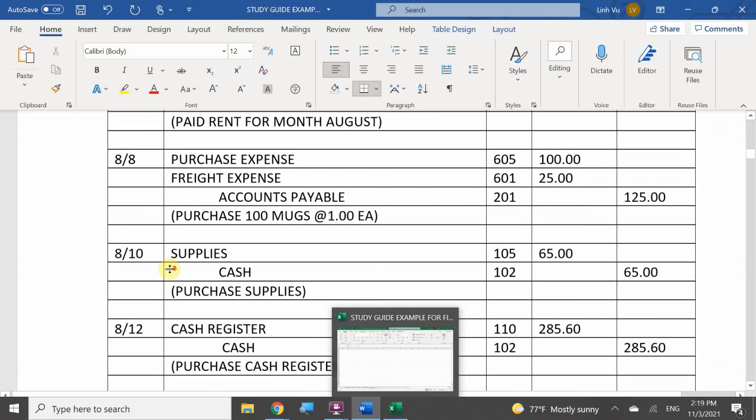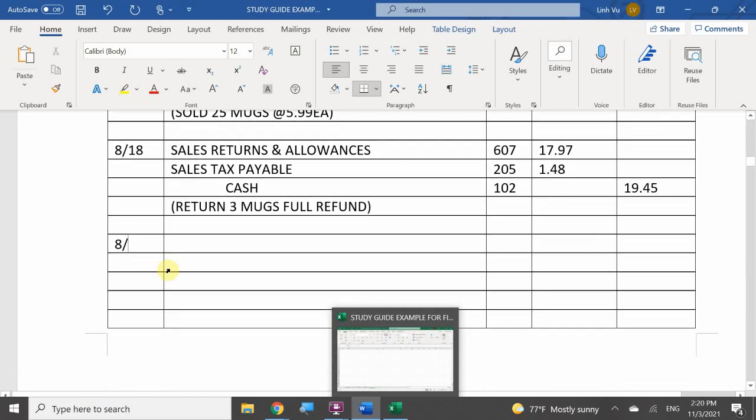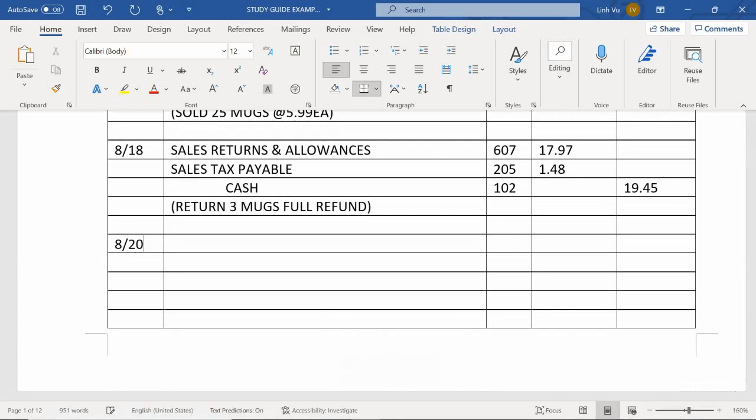So August 20th, we sold 50 mugs to customer A on account. What comes first? Accounts receivable, because he's a customer. And what did we do with this customer? We sold something, so sales and sales tax.